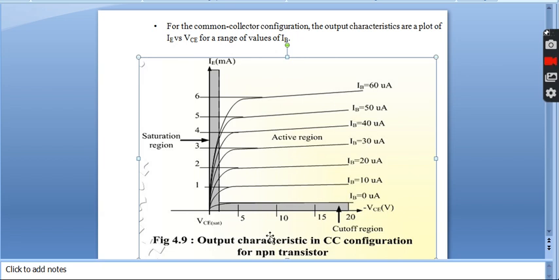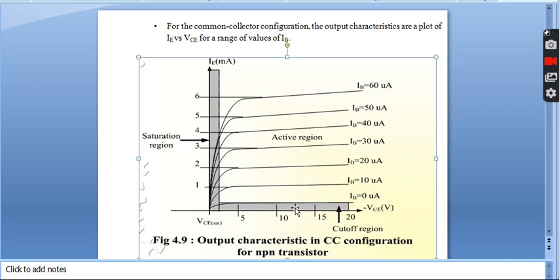Here again in this output characteristics we have the three regions, that is saturation region, active region and cutoff region. In saturation region, both input junction and output junction will be in forward biased condition. In active region, input junction is forward biased and output junction is reverse biased.